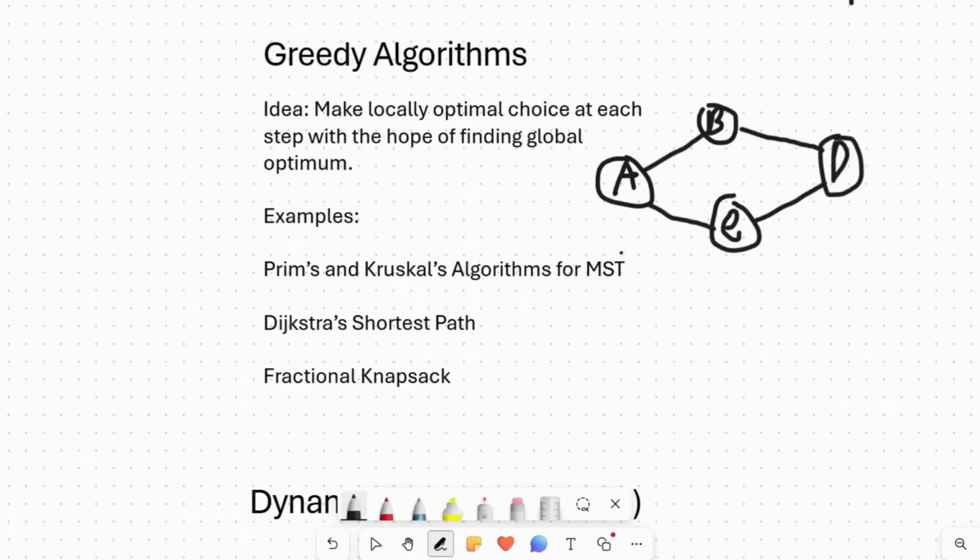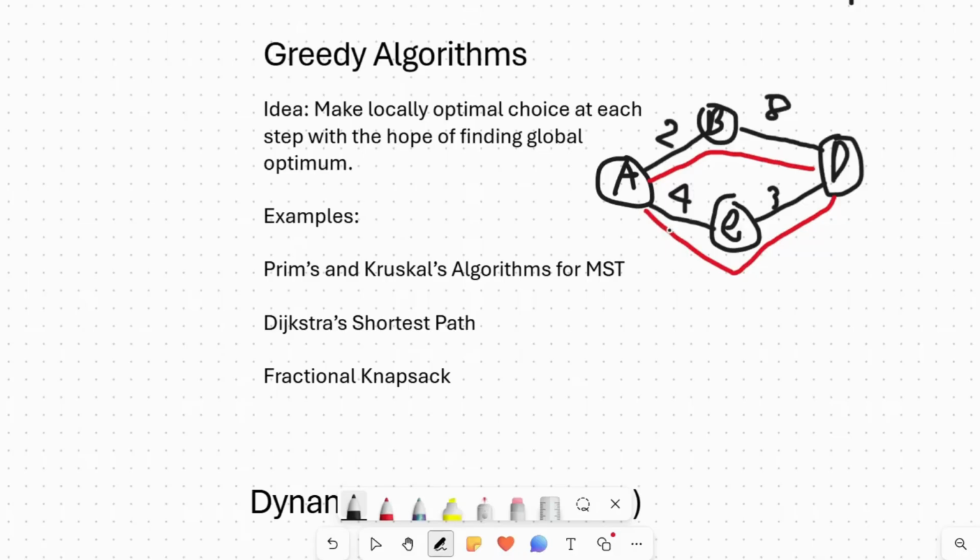It can follow this path, this path, or this path. So let's write the costs. The cost of A to B is 2, and here is 8. The cost of A to C is 4, and here is 3.